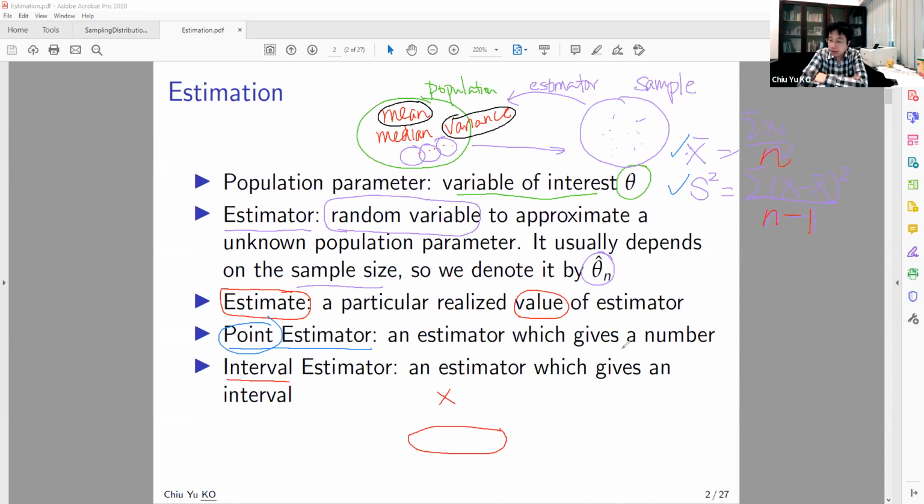But when we say the price may be 45 to 56, then it's an interval estimator. It gives you a range of values as your guess instead of a one-point guess. So this chapter is divided into two parts. The first part will be the point estimator. The second part will be the interval estimator.